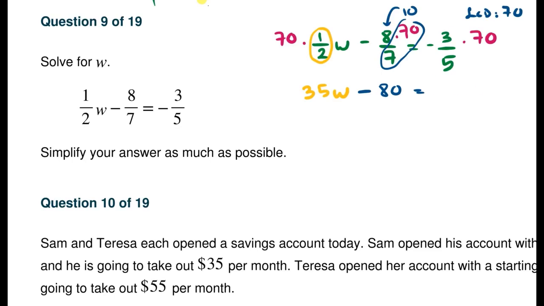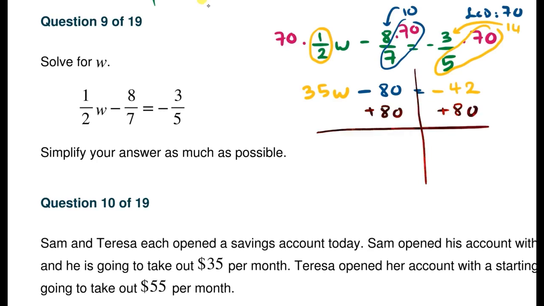Now we're going to try to get w by itself, so we just get rid of all the denominators. We're going to add 80 on both sides, so that 35w is by itself. Let me see if I made any mistakes. 10, yes, 14, yes. It's looking good so far. So 35w equal to 80 minus 42.